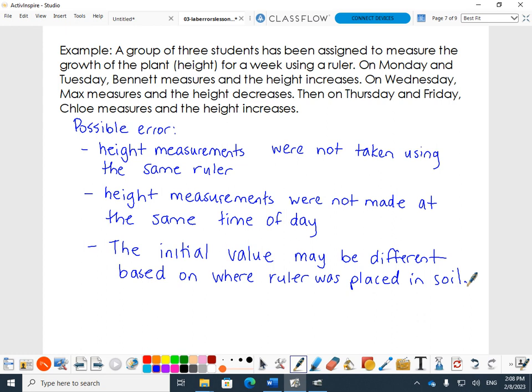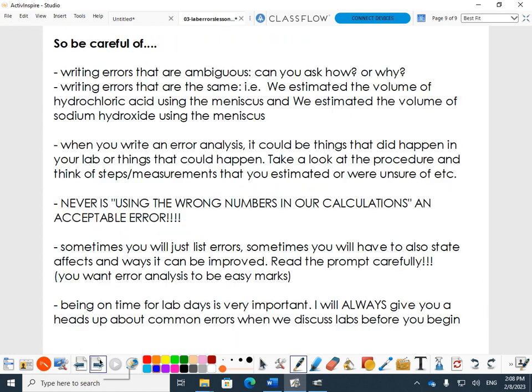Okay, let's talk about this for a second first, and then we'll go do more examples. I just said that: be careful of writing ambiguous errors. If you can ask how or why, then it's probably to your advantage to answer the how and the why, because then you can probably get more than one error, okay?